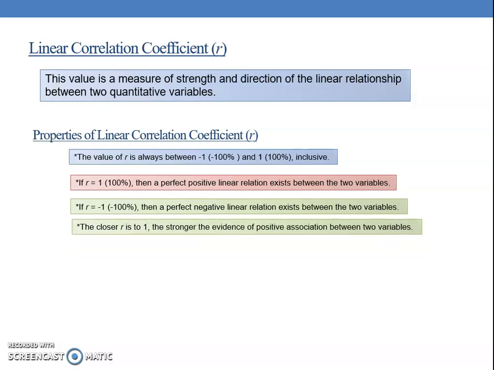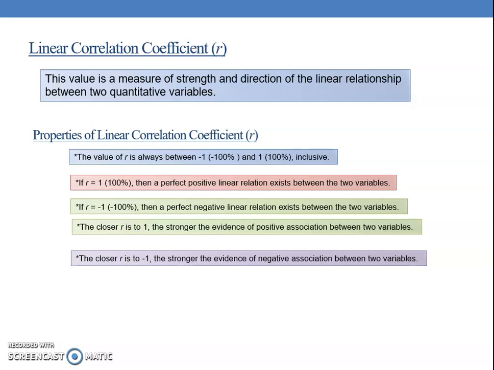Now, the closer the r, or the linear correlation coefficient, to 1, the stronger the evidence of positive association between two variables. So for example, if your r is equal to 95% or 99%, the stronger the association is.